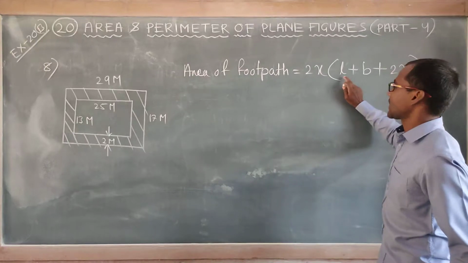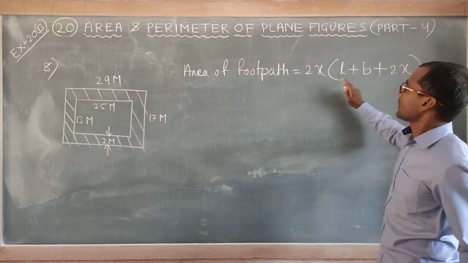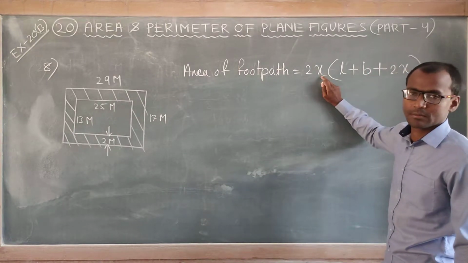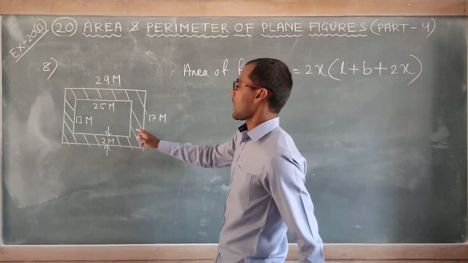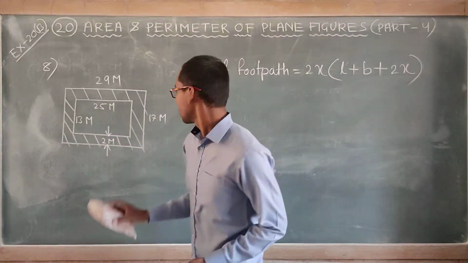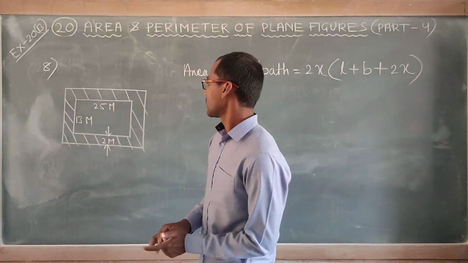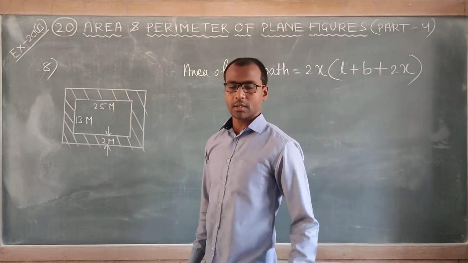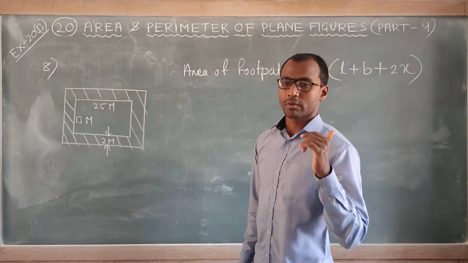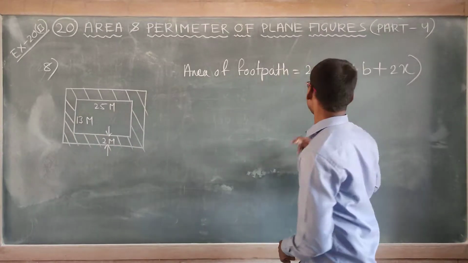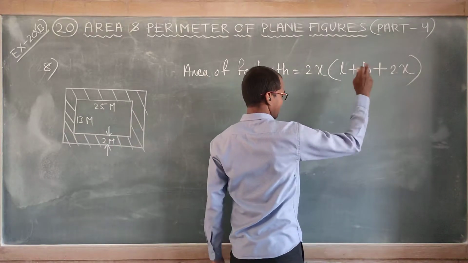Here L is length, B is breadth, x is width of the footpath. Now see, the footpath is outside the rectangle, outside the plot. So when the footpath is outside the plot, you have to put plus sign here.